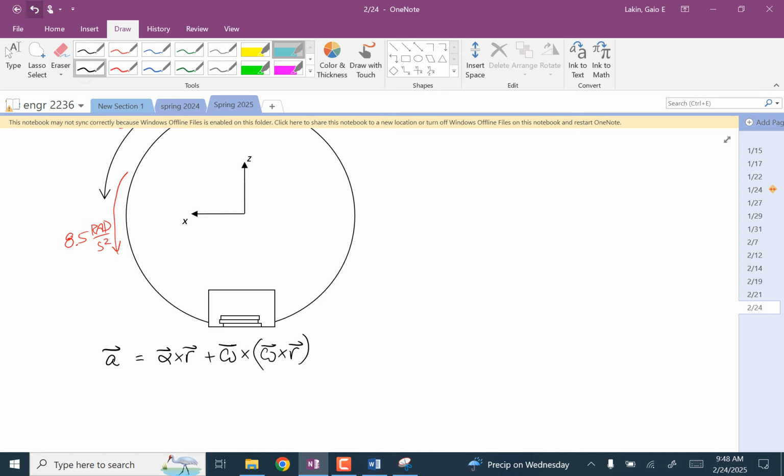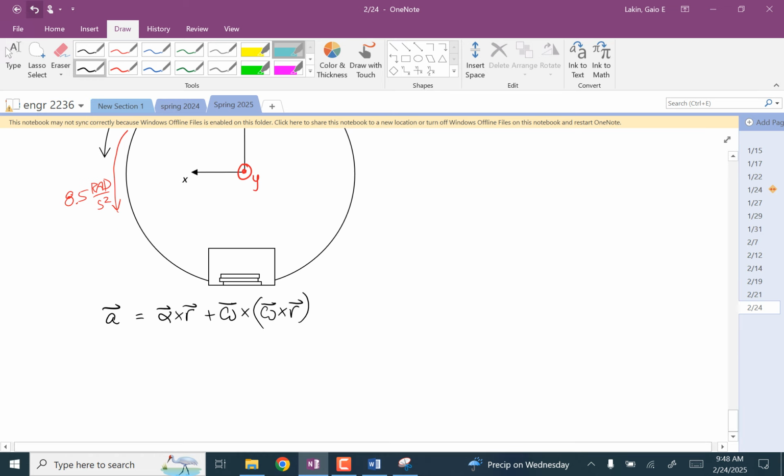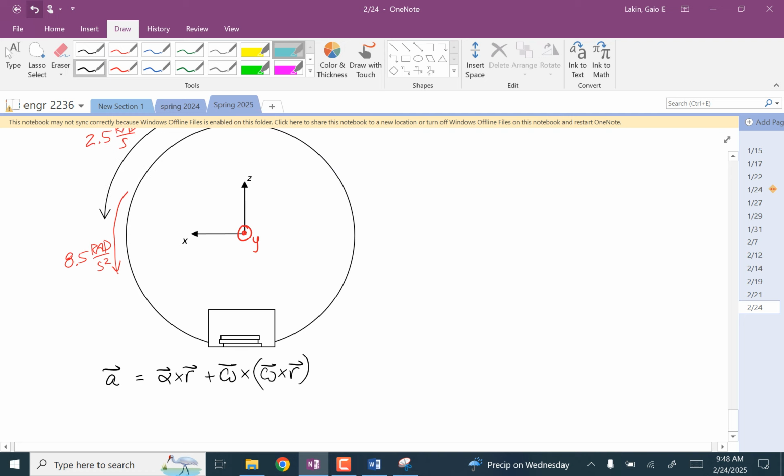It gives you a coordinate system, which is kind of a crazy one. It needs the y-axis to be coming out this way to meet the requirements of a right-handed coordinate system. And so the angular velocity and angular acceleration are both in the positive y.